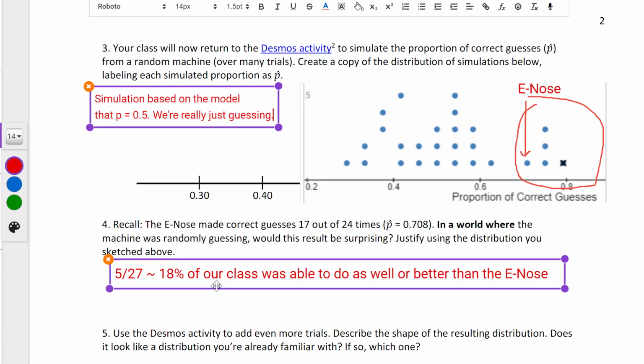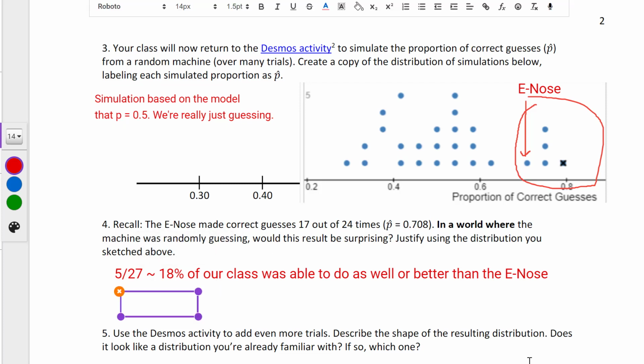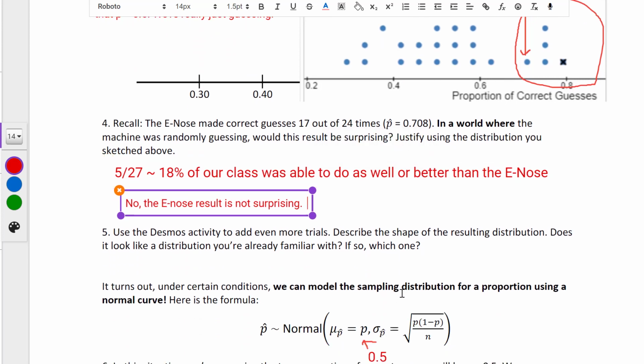So is this result surprising? I'm going to say no, the E-Nose result is not surprising, because of that 18% chance of doing that well or better just guessing, based on our simulation.